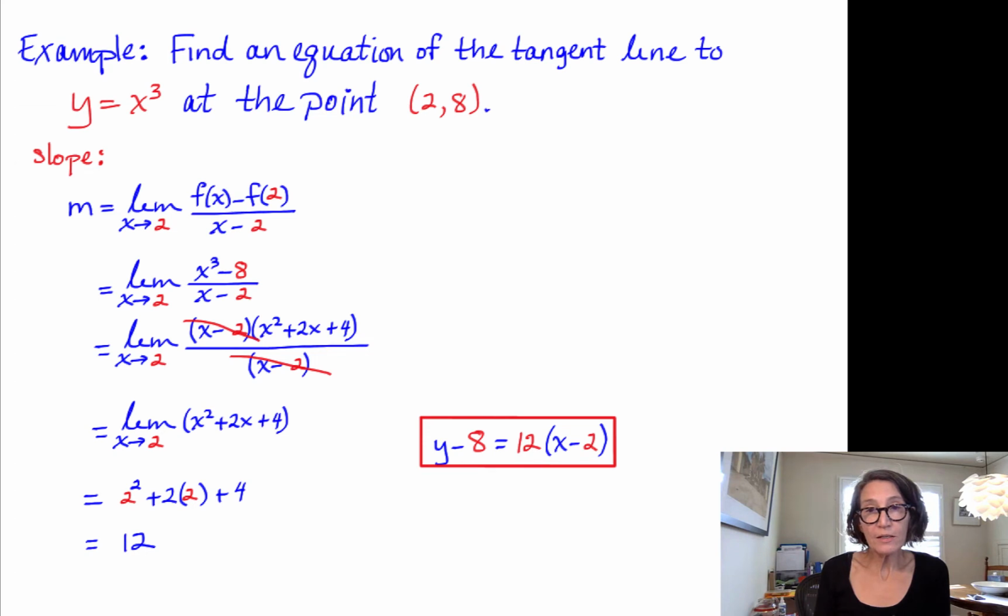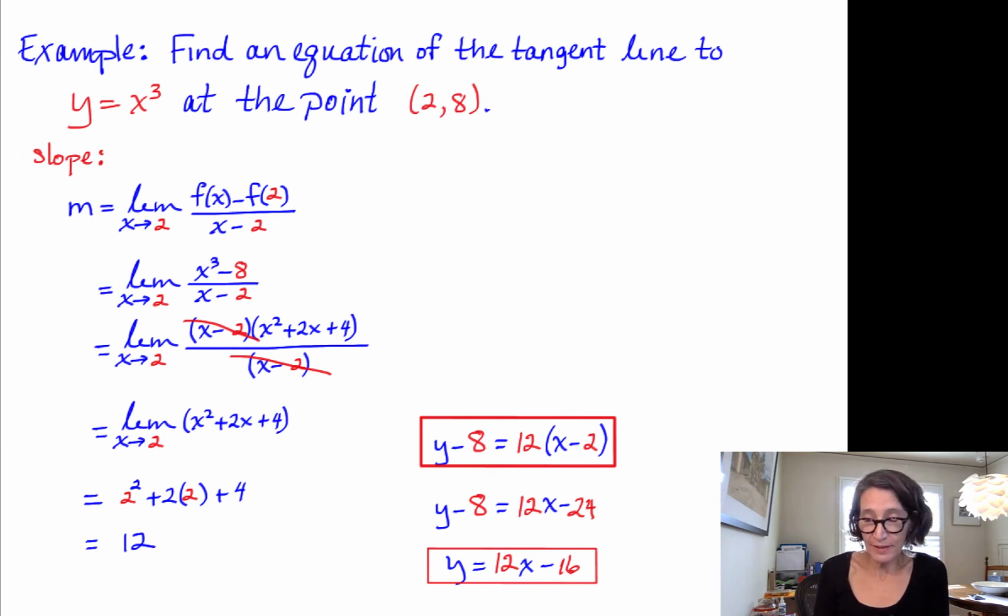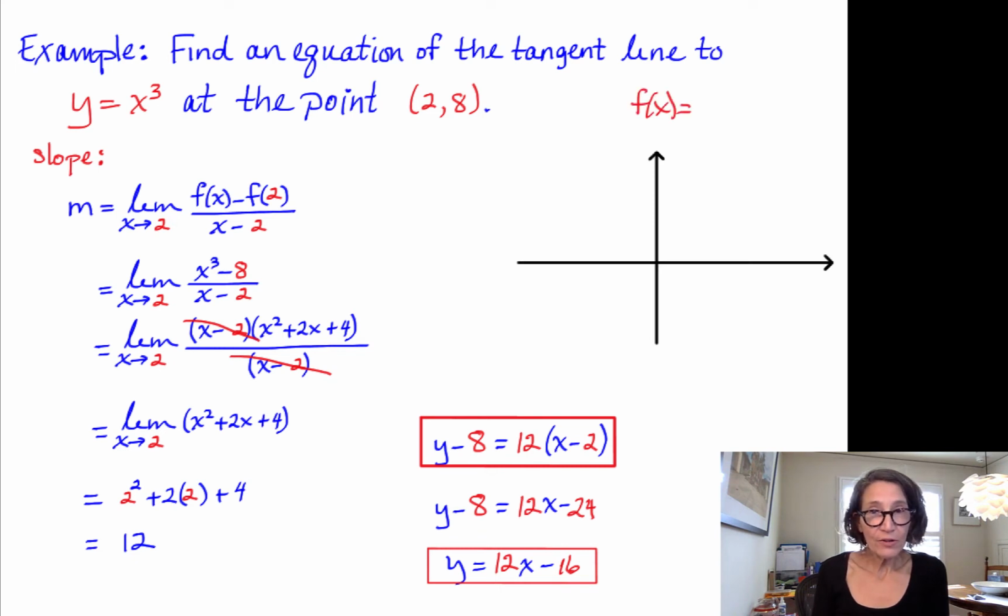If we wanted it in slope-intercept form, we would just distribute that 12 on the right side, add 8 to both sides, and in slope-intercept form, it's y equals 12x minus 16. All right, so what does this look like? The graph of y equals x to the third looks like that, and the point 2, 8 is about there, and the tangent line looks like it's about there.